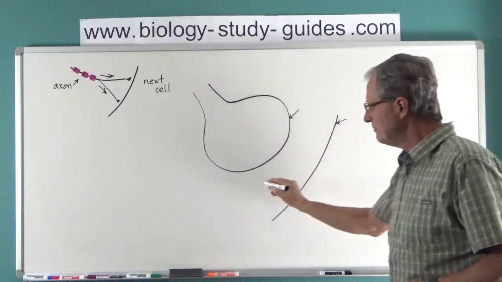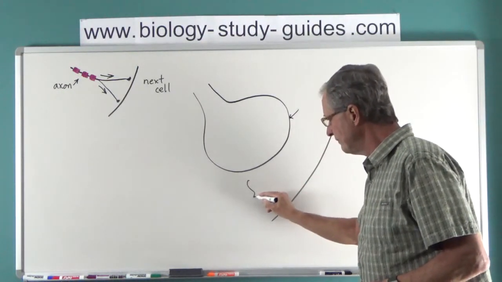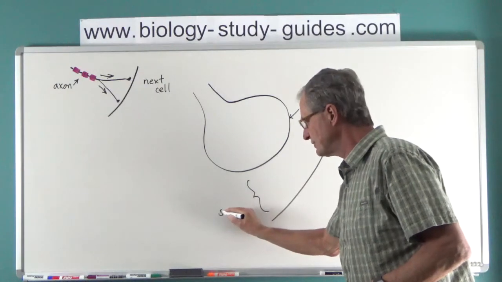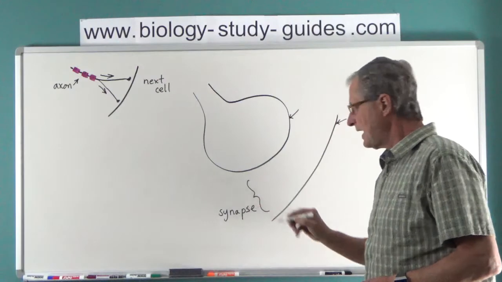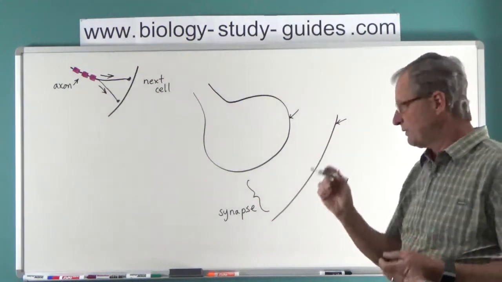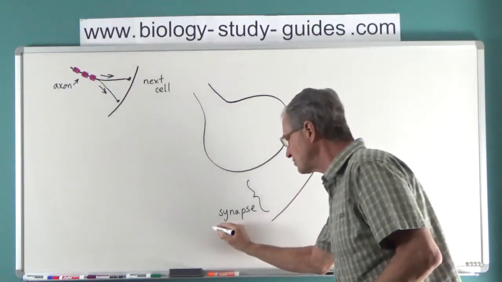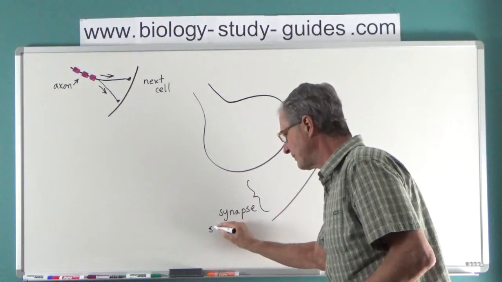The space in the middle is called a synapse. And it's a very small space, infinitesimally small, but it's also called a synaptic gap.